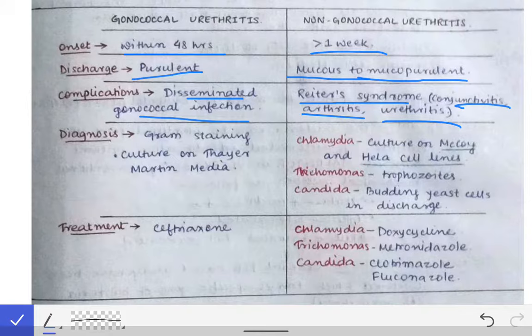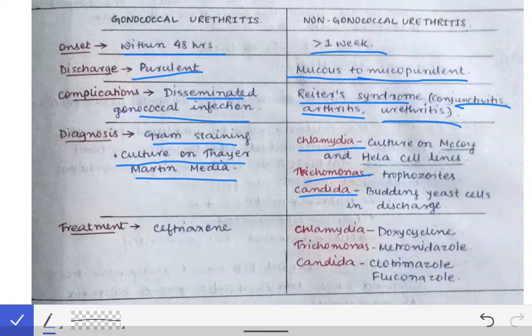So, what is the difference in diagnosis? There will be a difference in gram staining and culture. The gonococcus can be cultured on Thayer-Martin media, while non-gonococcal urethritis, which may be caused by chlamydia, Trichomonas vaginalis or Candida albicans, is cultured on different media.